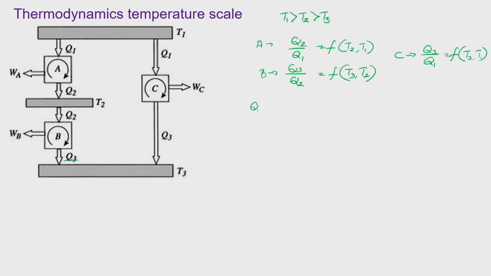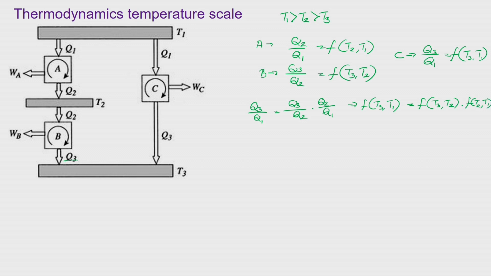So, if we combine them, Q3 upon Q1 is equal to Q3 upon Q2 into Q2 upon Q1, that is, the function of T3 T1 is equal to the function of T3 T2 into the function of T2 T1.